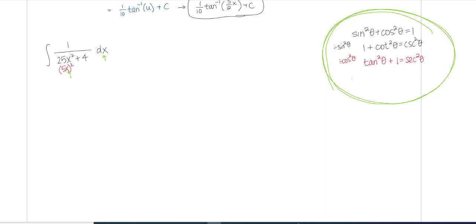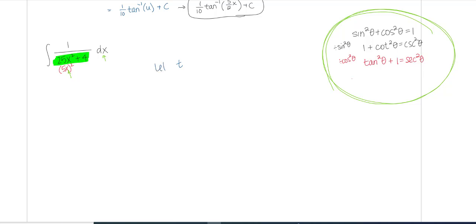Okay? So if we think back to our trig substitution, what I remember is any time I have a sum of squares, which I definitely have when I'm looking at 25x squared plus 4, that is a sum of squares, I want to start with tangent as my trig function.